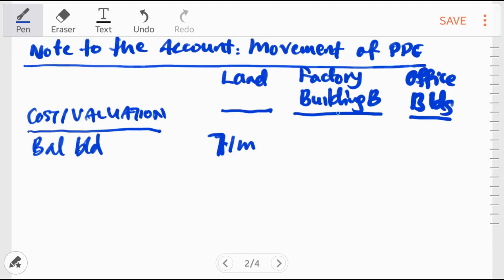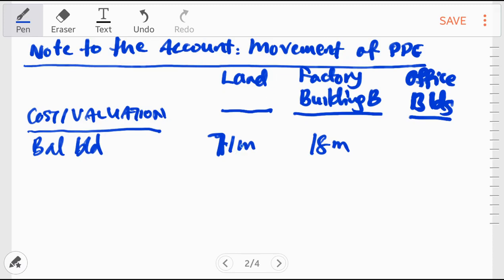For the factory building, it was 18 million. So the factory building before the revaluation was 18 million. Revaluation also takes place on 1st of October 2018.